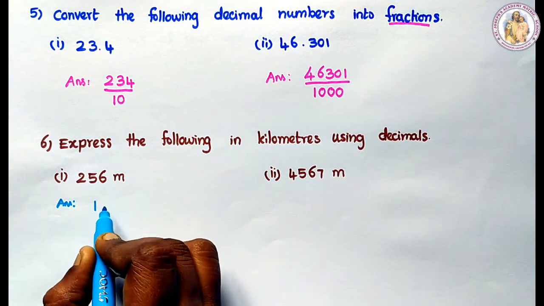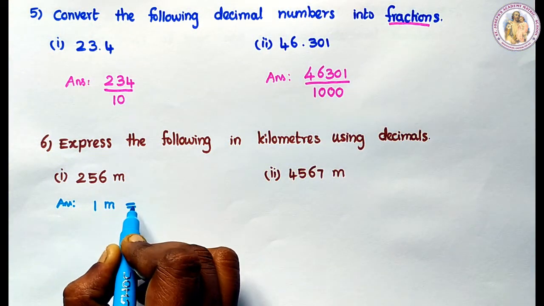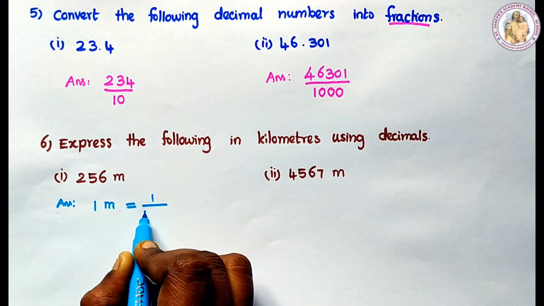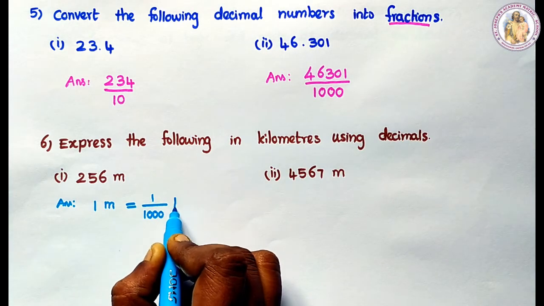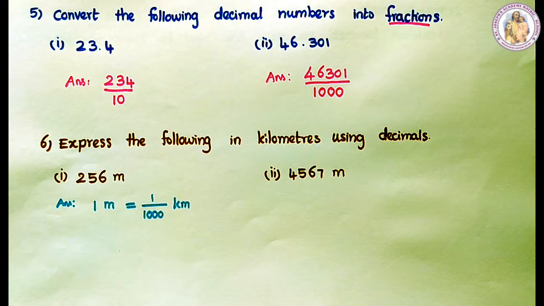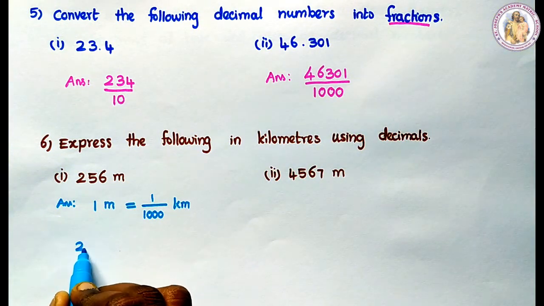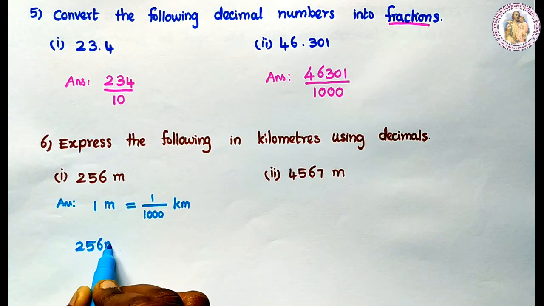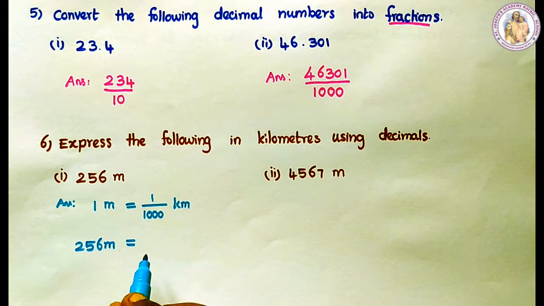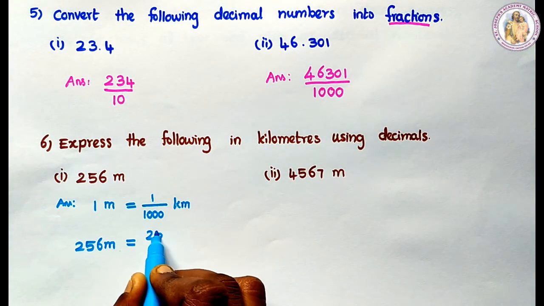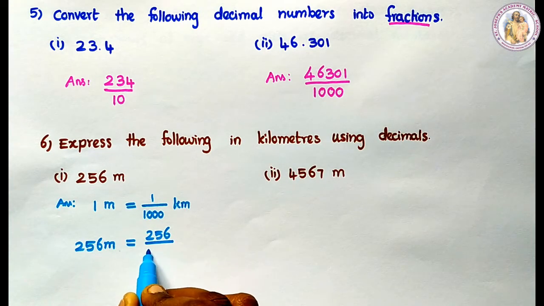So 1 meter equal to 1 by 1000 kilometer. Now they given 256 meter. That is equal to 256 divided by 1000.